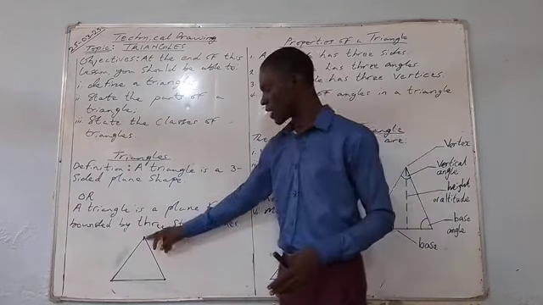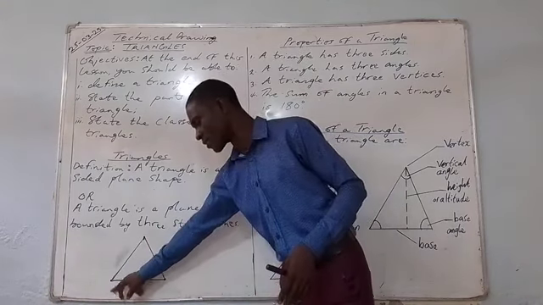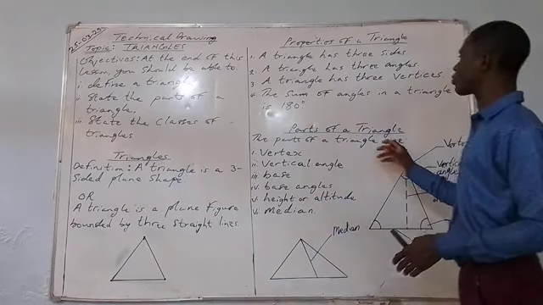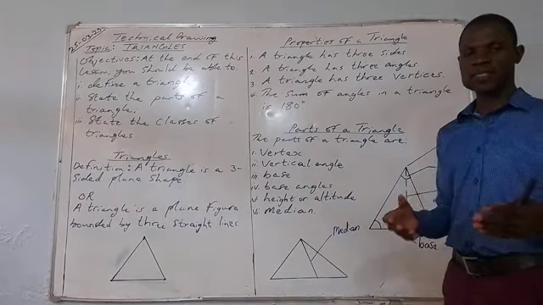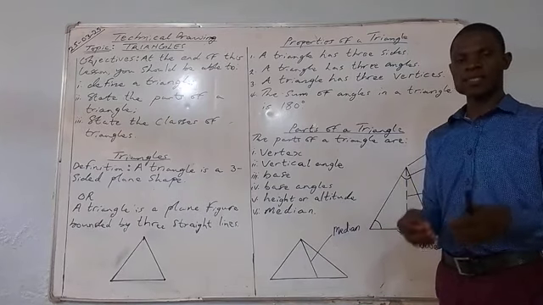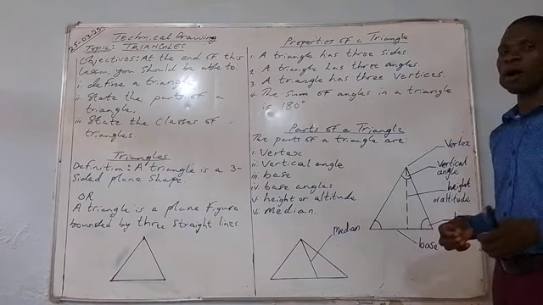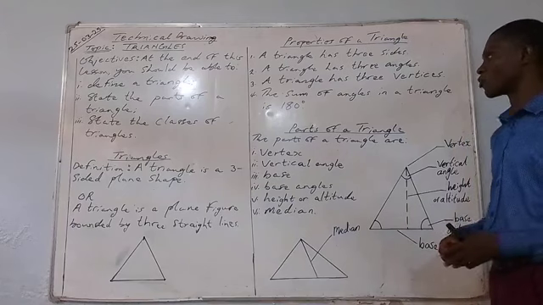So 2 lines meet here, and we have the vertex here, the vertex here, and the vertex here. So a triangle has 3 vertices. Vertices is plural, while a vertex is singular. Okay, so let's take note of that. So that is the third property of a triangle.